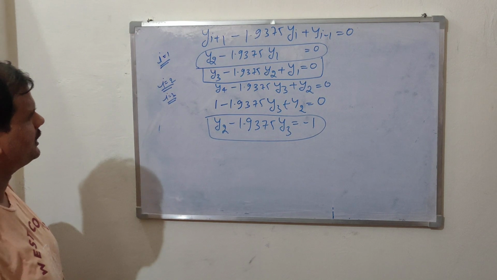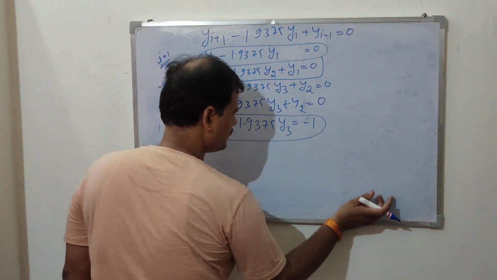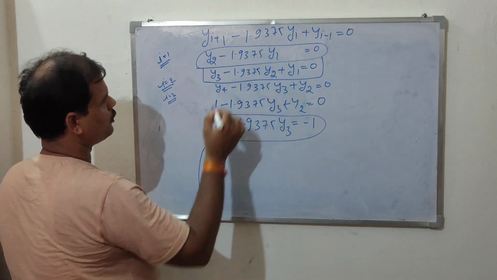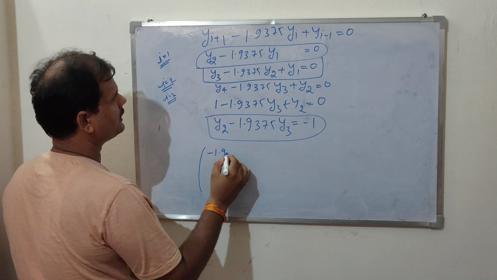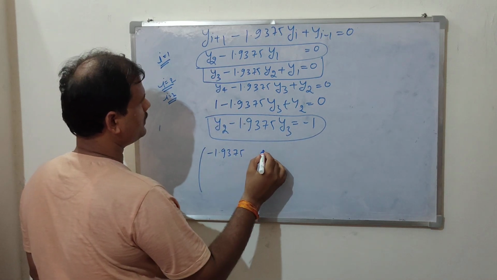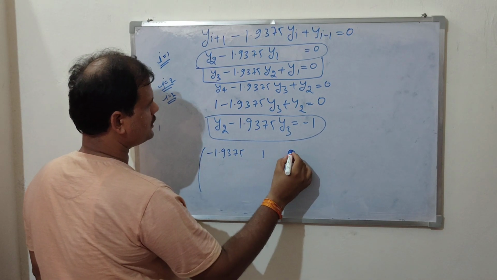Now if you see, this is a tridiagonal system. In the first equation, the y1 coefficient is minus 1.9375, the y2 coefficient is 1, and the y3 coefficient is 0.